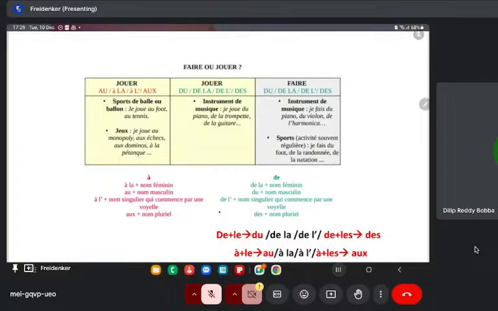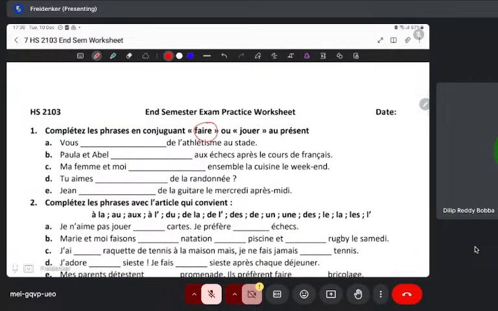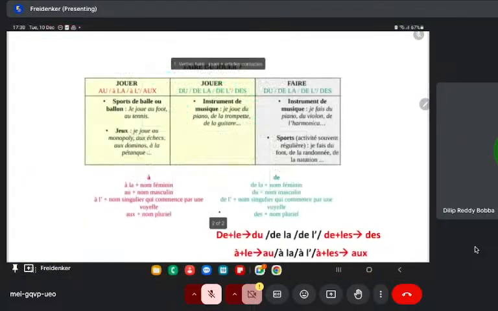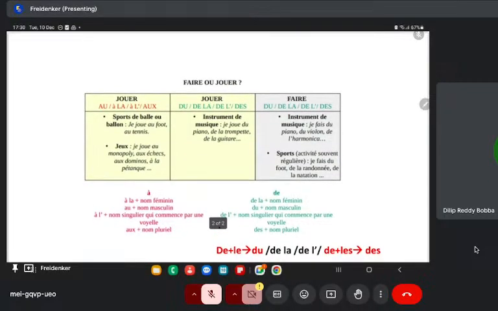So here, what do I have? I should either use faire or jouer, no? Here I got de, and here there is an activity, some sport like athletics. Jouer will only take de if you're using instruments.